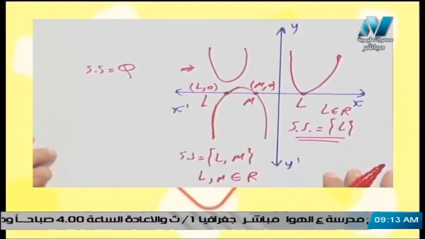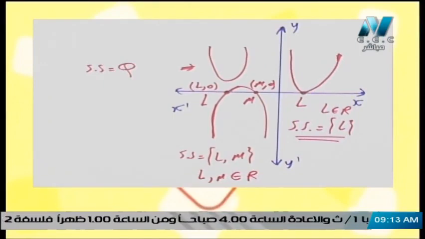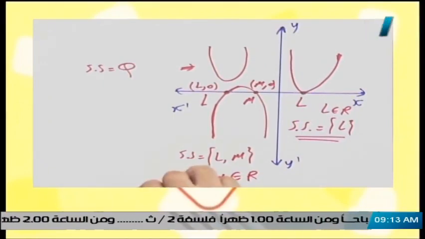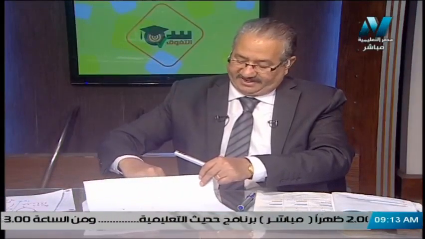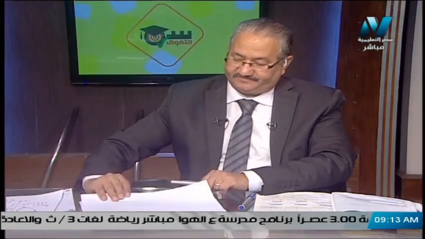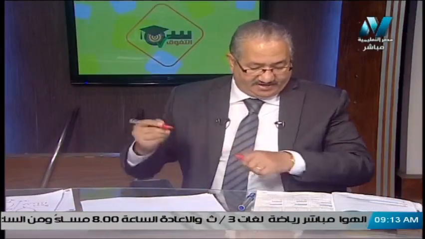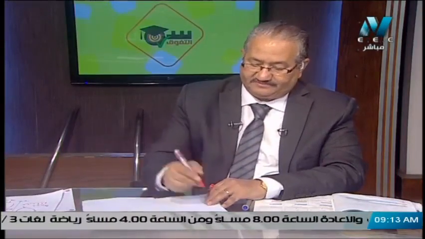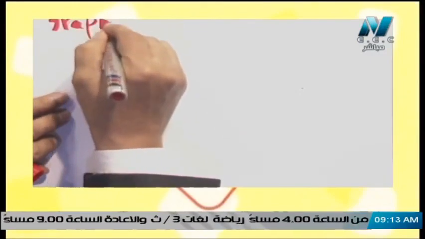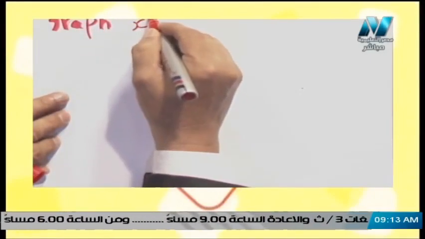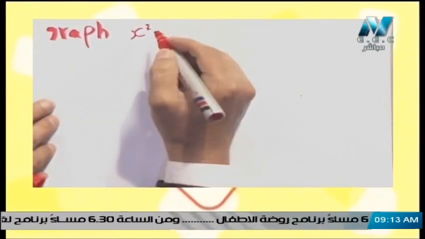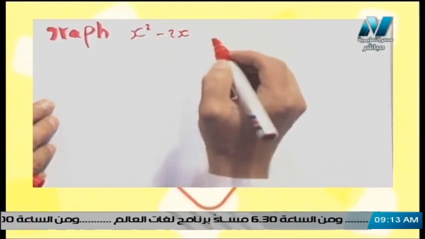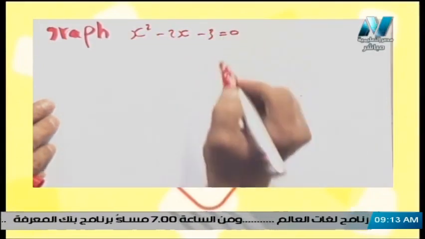Let's take an example here. We will have some examples to graph quadratic functions or quadratic equations. If we have an example like: graph the equation x² − 2x − 3 = 0.